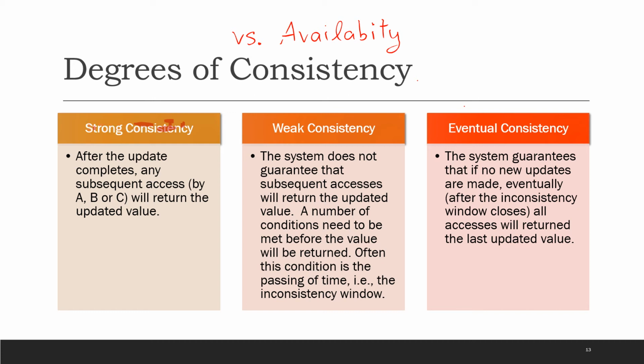With strong consistency, the meaning is that after the update completes, meaning that you commit your transaction, right? After the update completes, the transaction is committed, any subsequent access to that data will return the updated value.